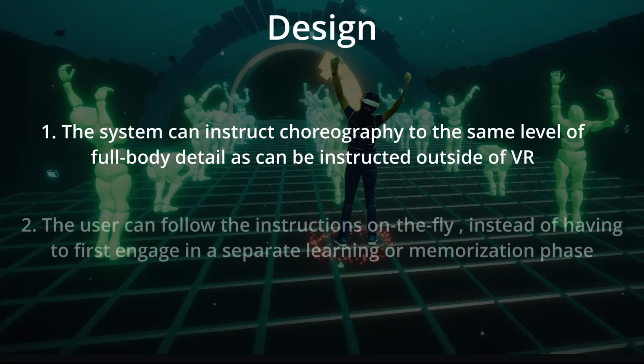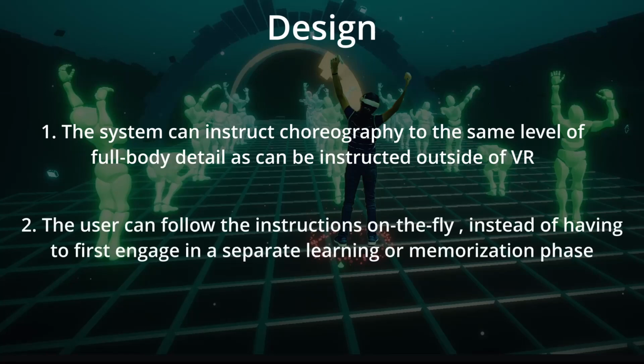Secondly, the user should be able to follow the instructions on the fly like it is possible in many rhythm games, for example. These requirements lead to design principles of needing to show complex full-body movements and also allowing the user to anticipate future movements, which in turn lead quite naturally to the core WAVE design idea of multiple dancers performing at different time offsets.